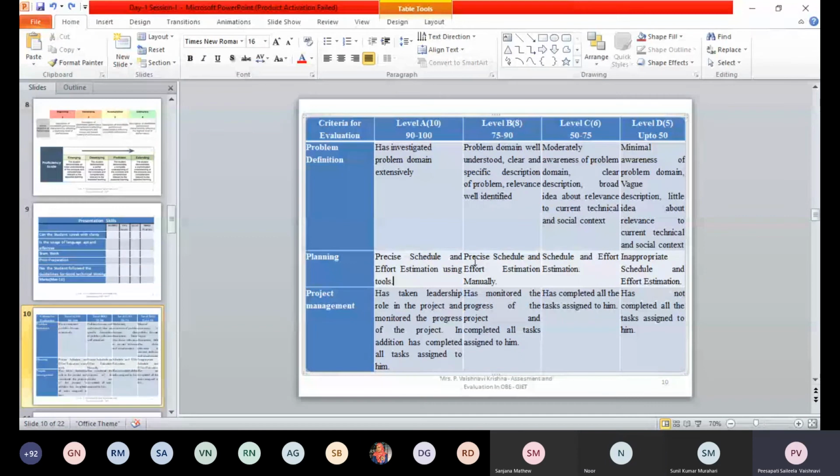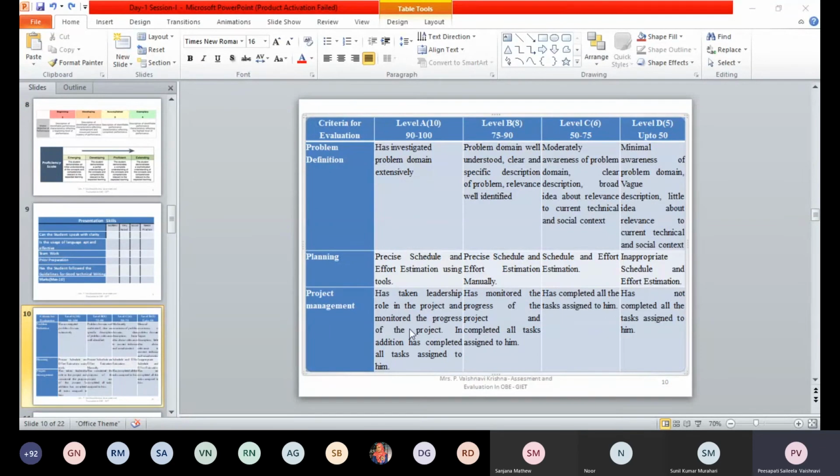Okay, and then level B, precise schedule and effort. He estimates manually. Here he is estimating with tools. That is entirely dependent on type of project which he's doing. Okay, and then schedule and effort estimation. He just does effort estimation. Inappropriate schedule and effort estimation makes him fall into level D.